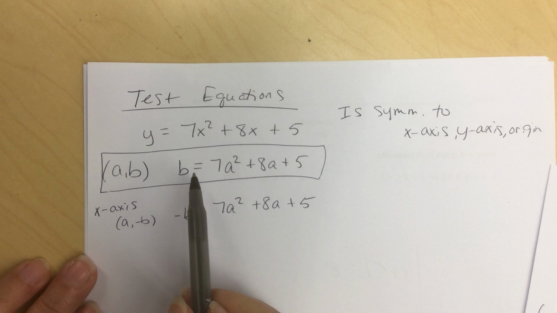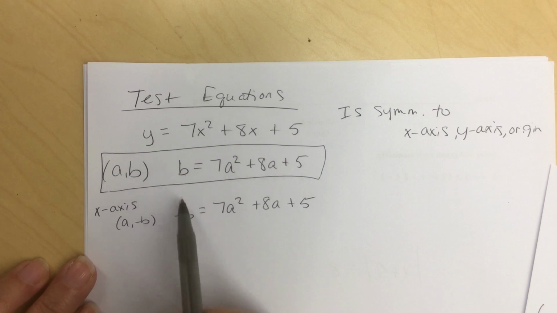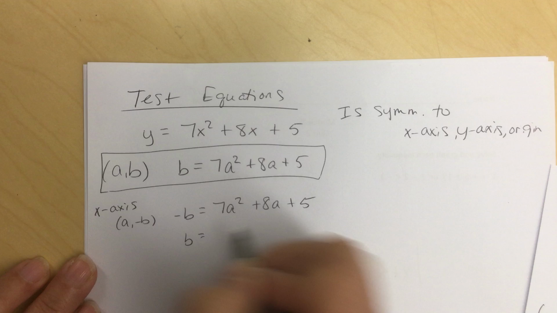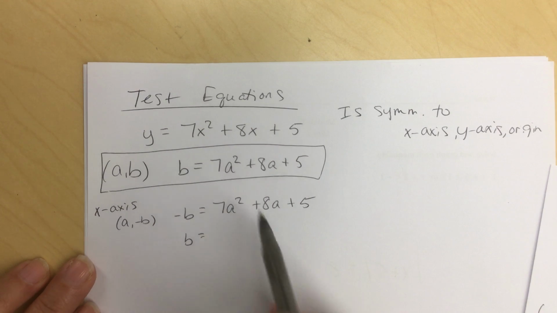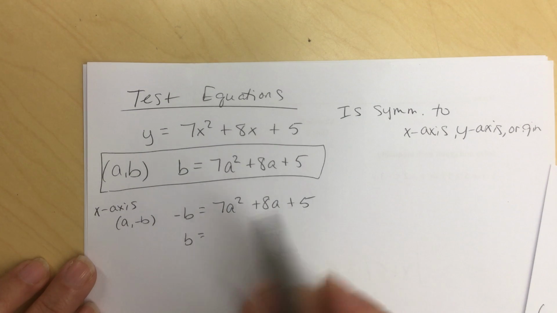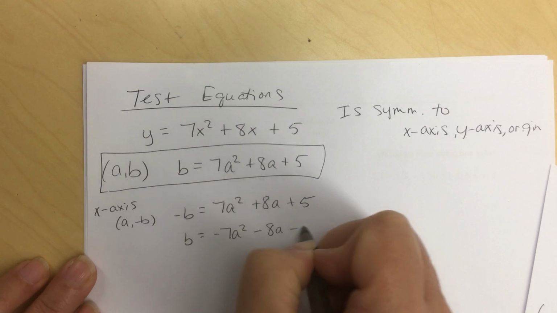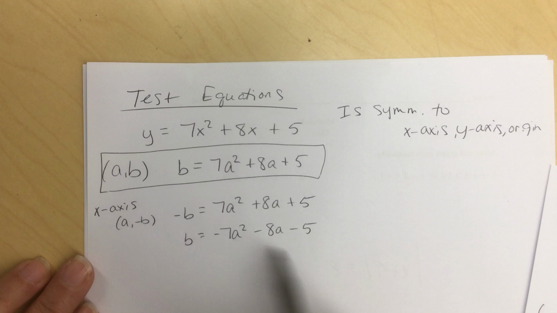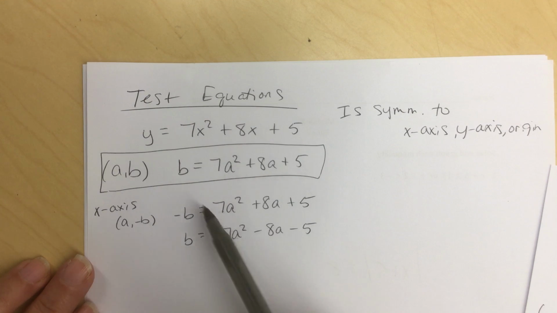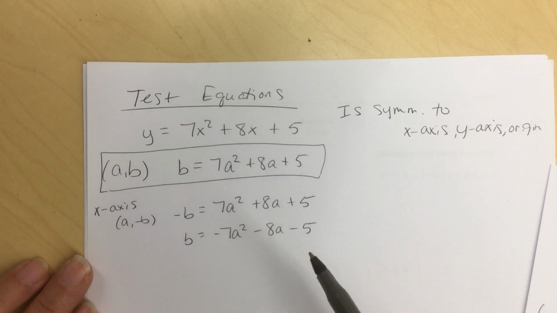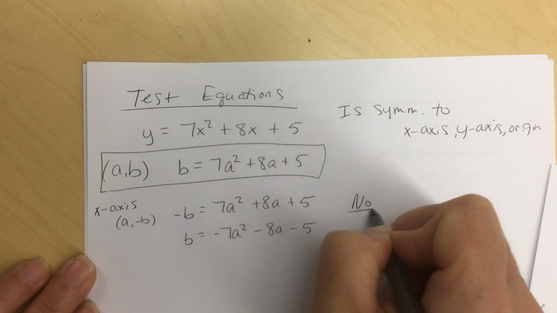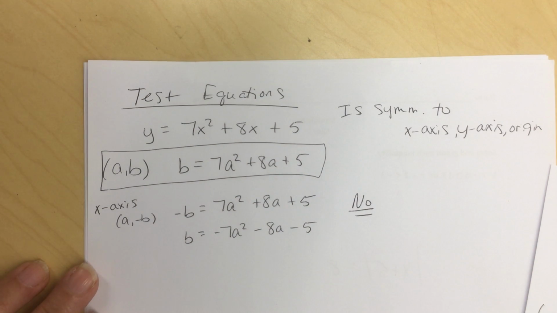If I divide here by negative 1 to get my B's the same, because what you're trying to do is see if you can get them to be equivalent, that would give me B equals negative 7A squared minus 8A minus 5. Both of those are different than my original. There's no way to rearrange this so that they look the same. So this is a no. It is not symmetric to the x-axis.